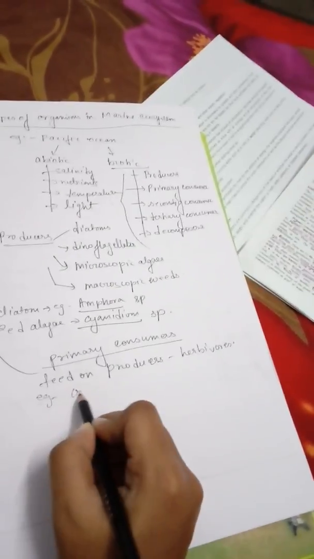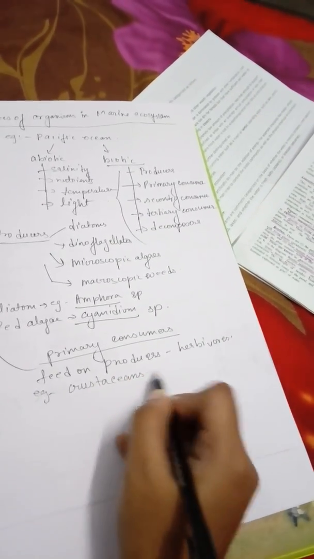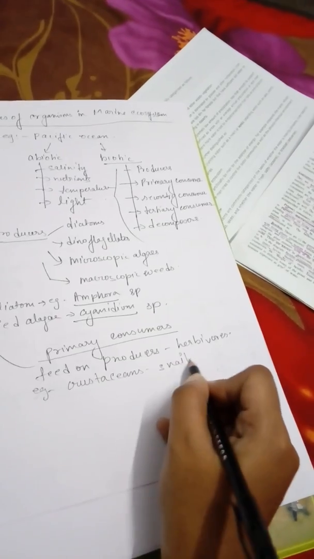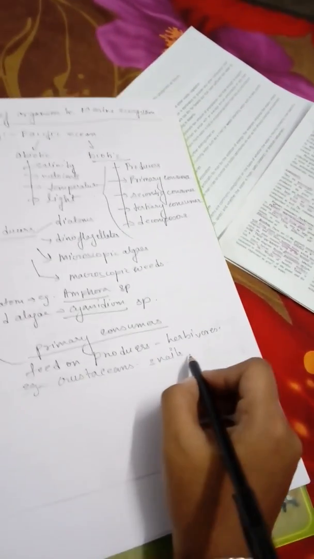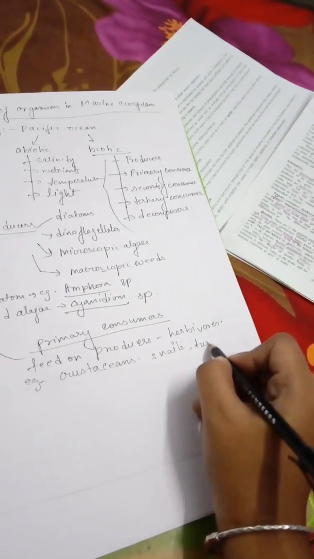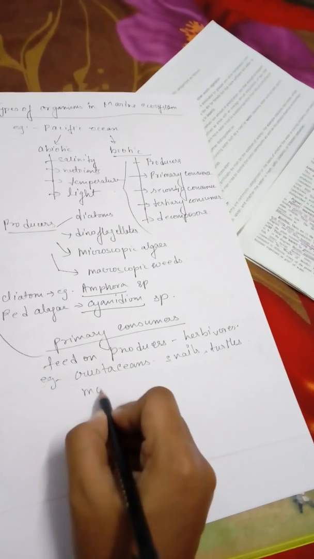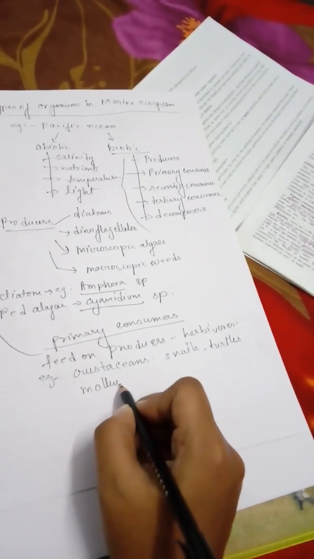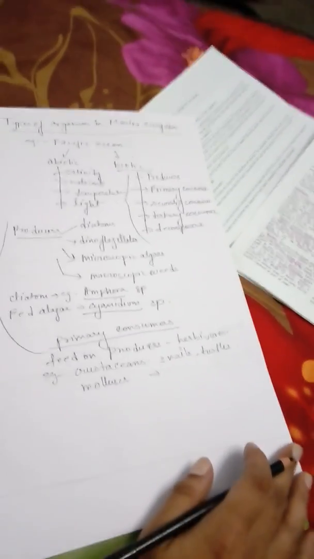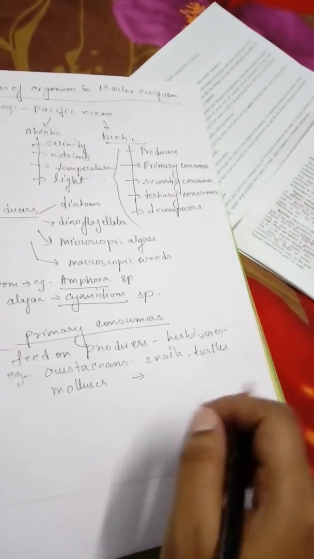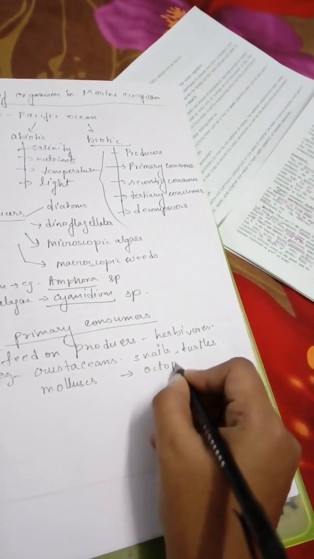Examples are crustaceans, snails, turtles, and mollusks. Our mollusk example is, let's say, octopus.